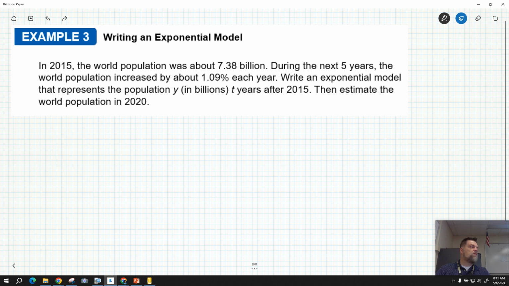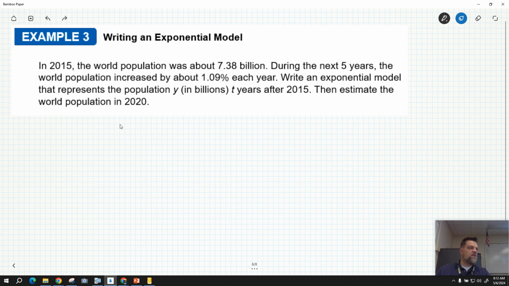Write an exponential model that represents the population in billions, t years after 2015, then estimate the world population in 2020.